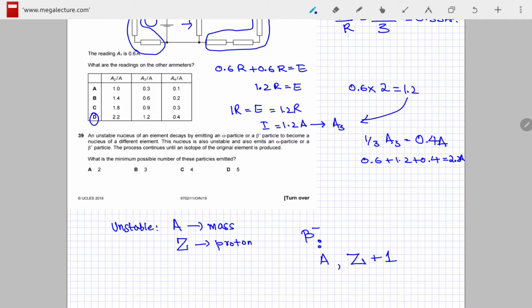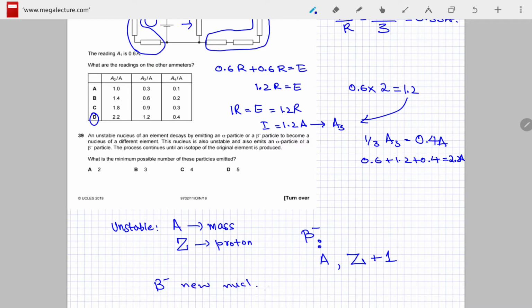What about another reaction, in which the nucleus of the element would emit a beta particle and become a nucleus of a different element? So let me write it down, beta decay for a new nucleus.